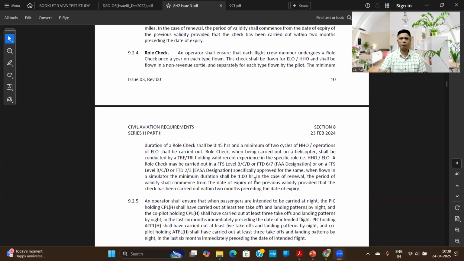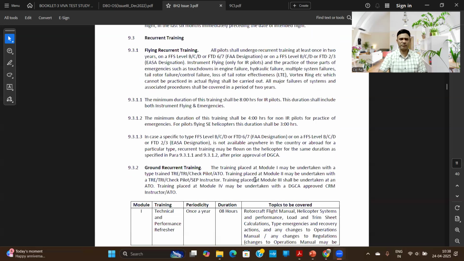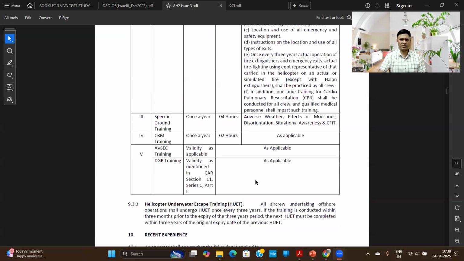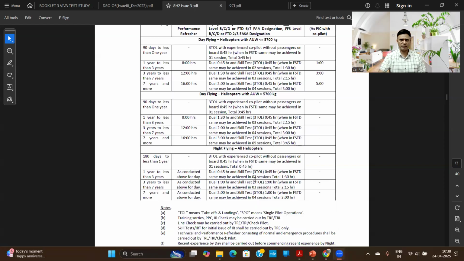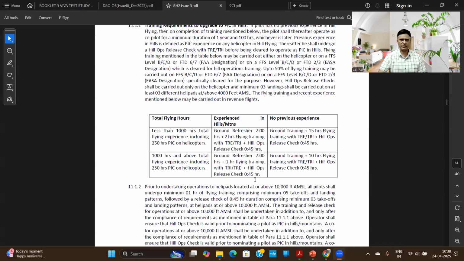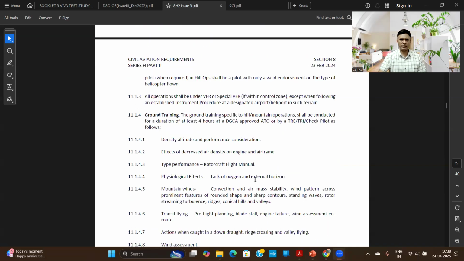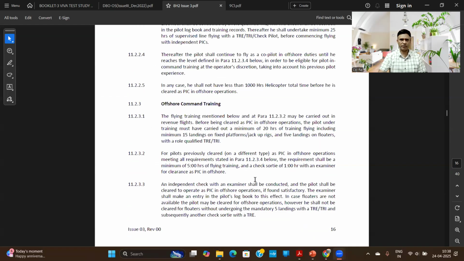Okay, earlier we used to do one syllabus of about 6 hours for special VFR, and then we would renew it every year. Nowadays, they have reduced it and put that special VFR training is required. Okay, this talks about mountain training, hill training, and all.